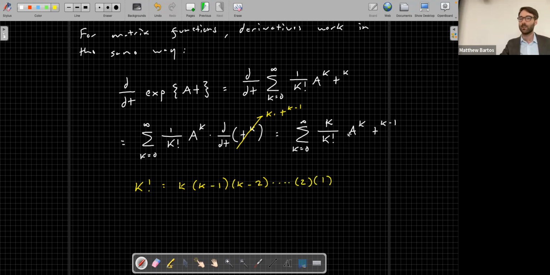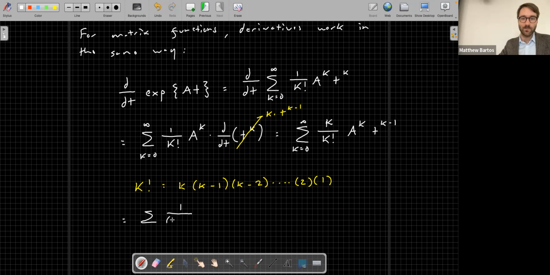So what will this expression here evaluate to? Right, which would be equal to k minus 1 factorial. Very good. So if we carry out that division, we end up with the sum. Actually, I'm going to leave the indices ambiguous for now.